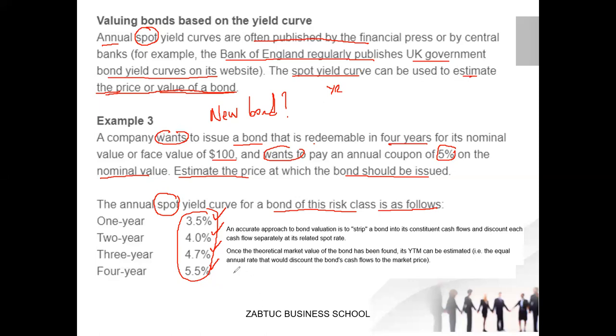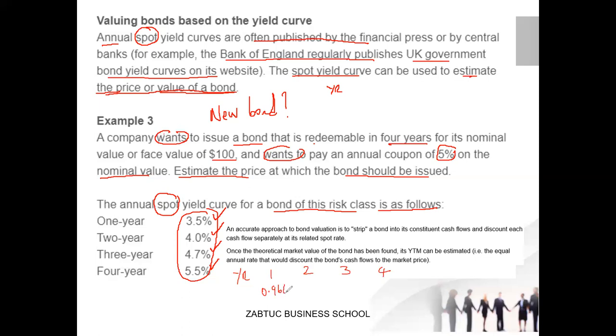Want the answers now? So for 3.5%, in year 1, it's 0.9662.